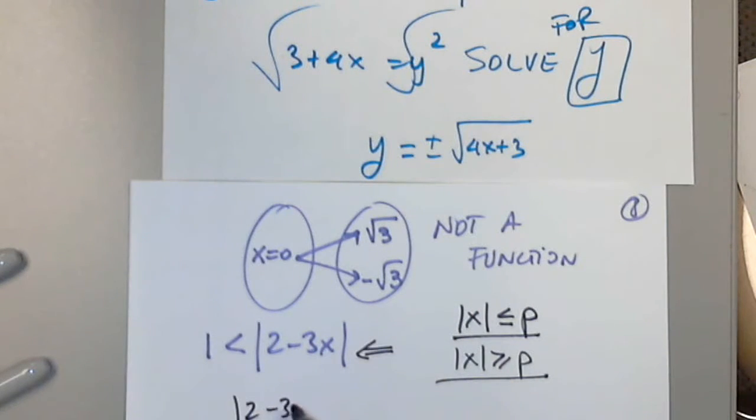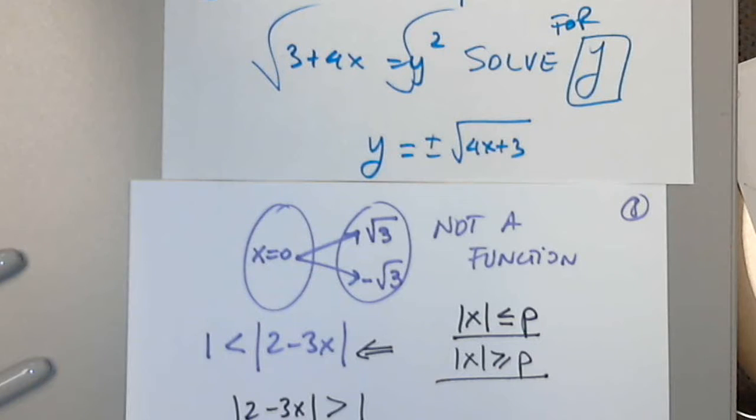So I can read from here. Then I have 2 minus 3x in absolute value, and then exactly. Now I know which one it is. It's this one. It's the one that is more difficult. It's the one that needs the union in the final answer. Why? Because when I read it, it says this to me: find the numbers whose distance from 0 is more than 1 unit.